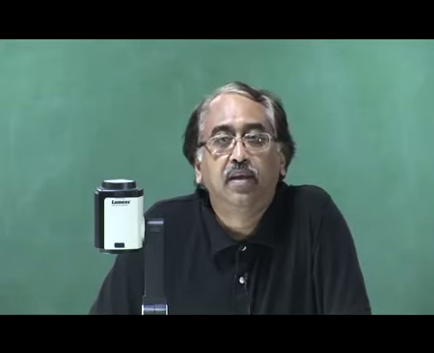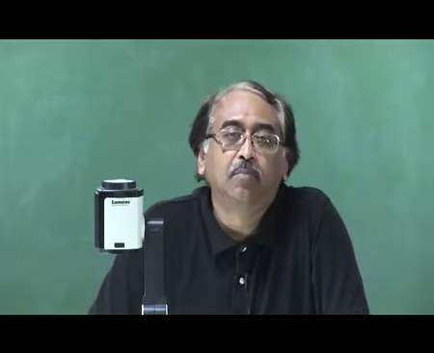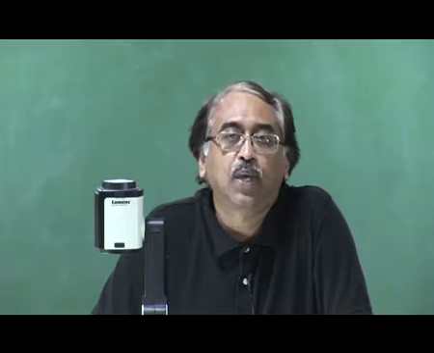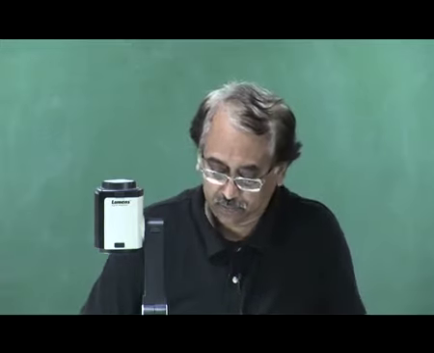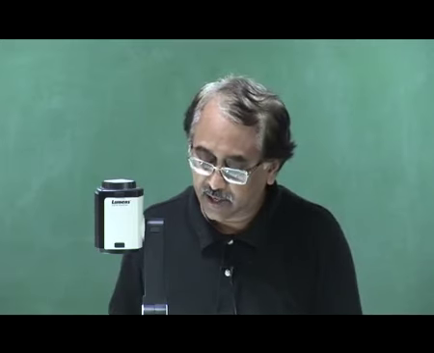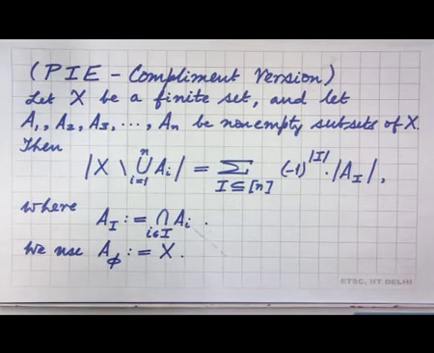Let me begin with the example of determining the number of onto mappings from an m set to an n set. Before I do that, let me remind ourselves of the formula that we used from lecture 1. This is the PIE complementary version.